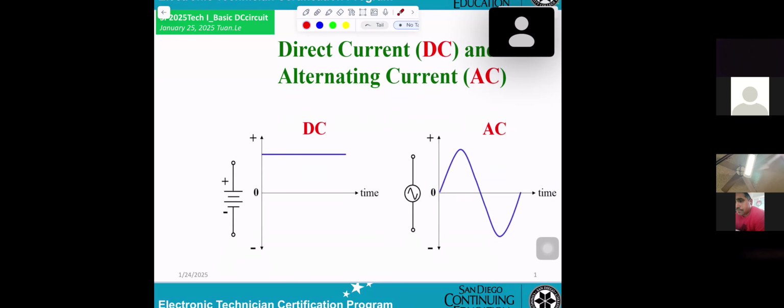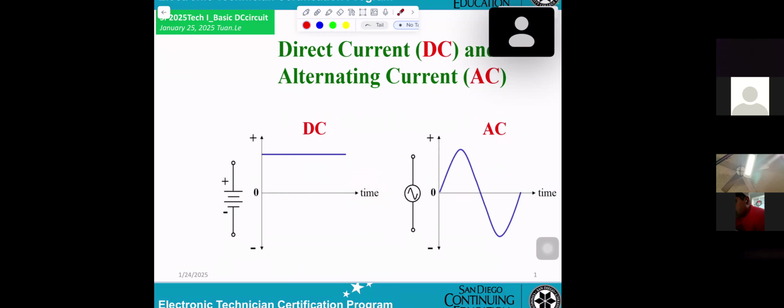First thing you can see, this will be the time domain. What does that mean? That means they vary with the time. Okay, this is the time domain. This is the DC, direct current, and that will be AC, alternating current.